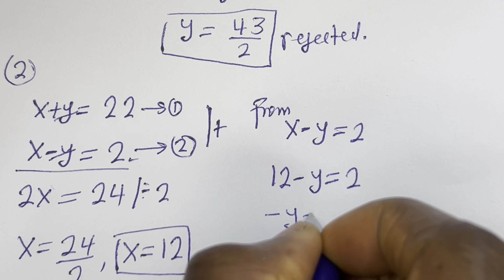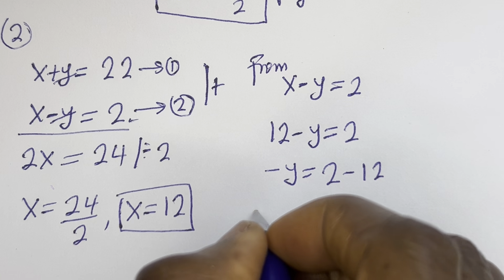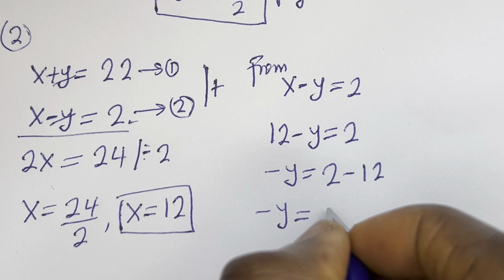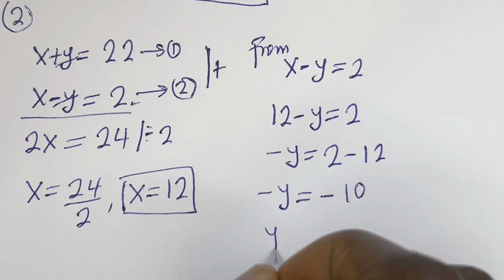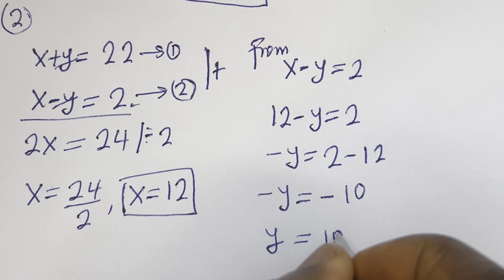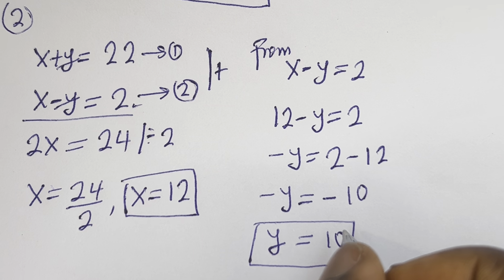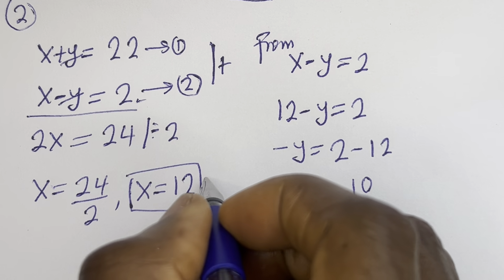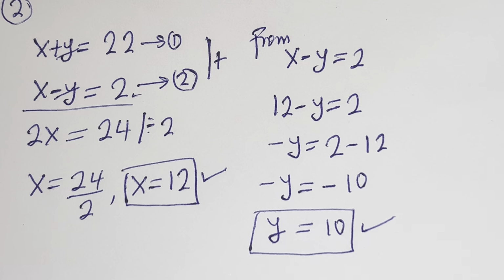Minus y is equal to 2 minus 12. Minus y is equal to minus 10. Then y is equal to 10. This is the value of y. And as you can see, this is a natural number. It is accepted. This is also a natural number.